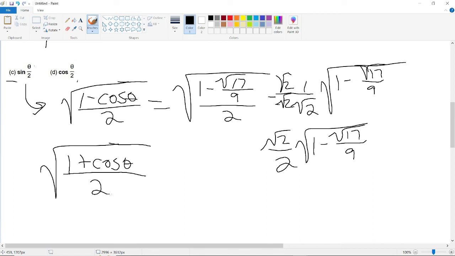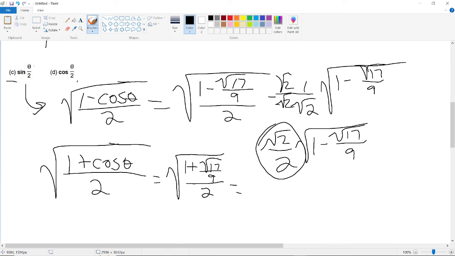So we get the square root of 1 plus cosine theta over 2, which equals the square root of 1 plus square root of 17 over 9, all over 2. And we already found out that if we pull the 2 out, we get square root of 2 over 2 times the square root of 1 plus square root of 17 over 9. However you want to write it. And it doesn't matter.